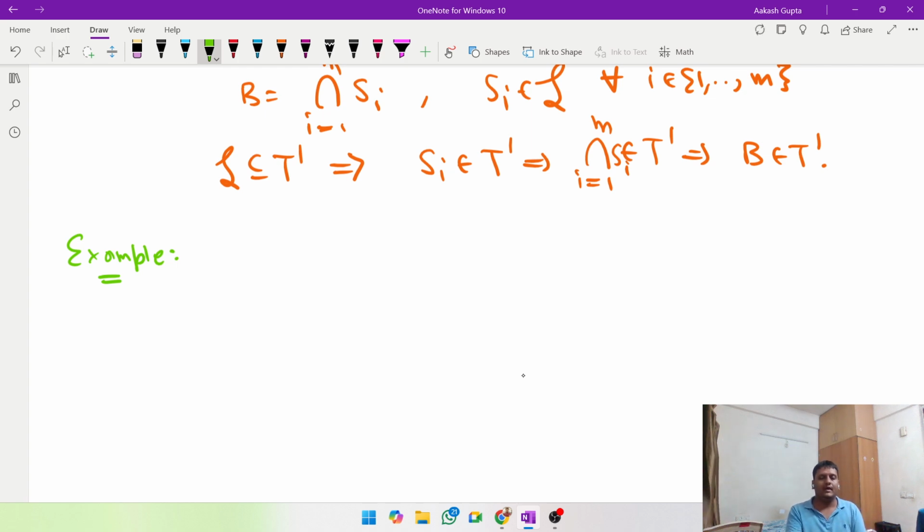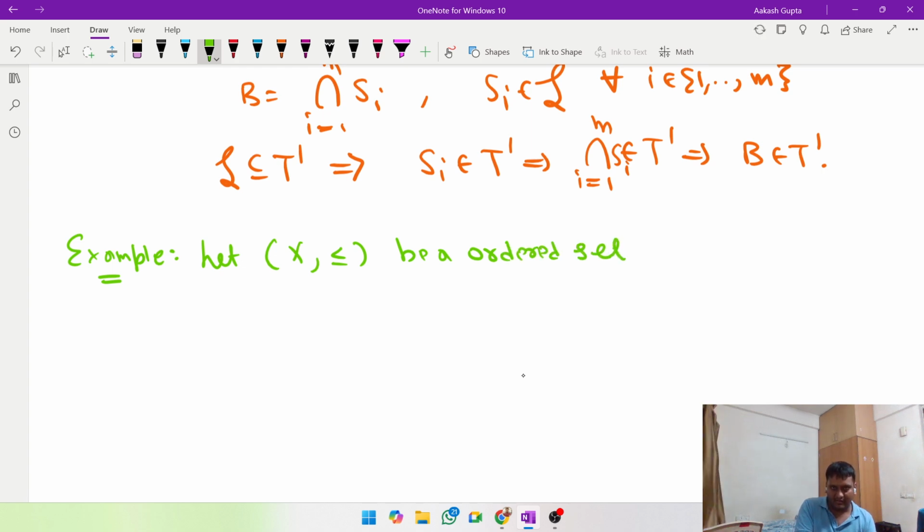If you don't know, take any basic textbook on, say, groups, algebra, topology or analysis; you will have this definition. So let X be an ordered set. Some people also call it totally ordered.